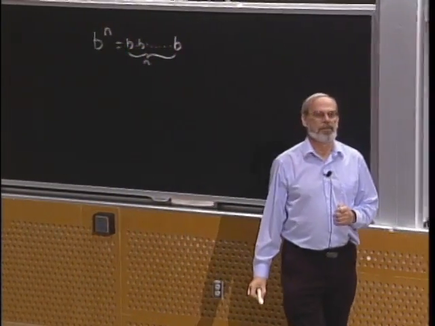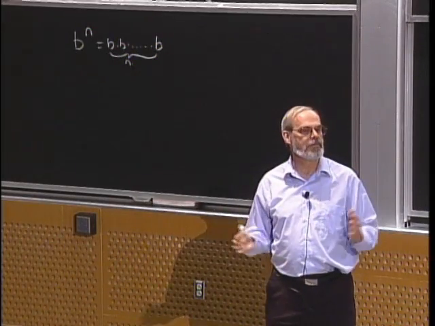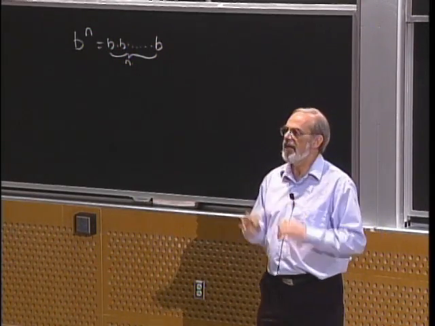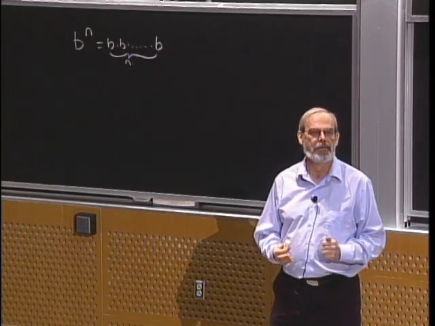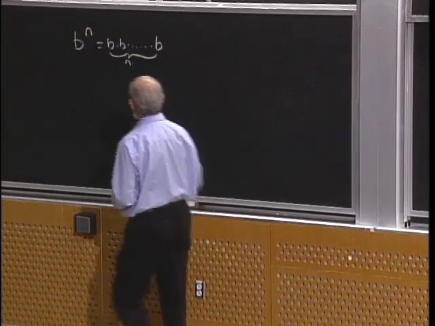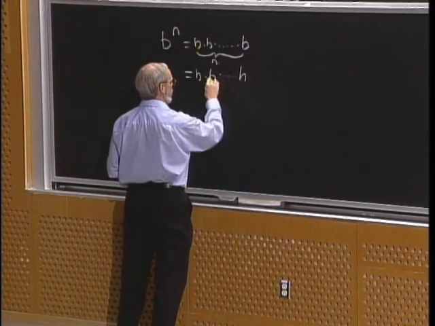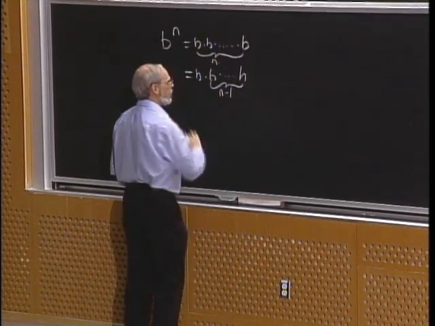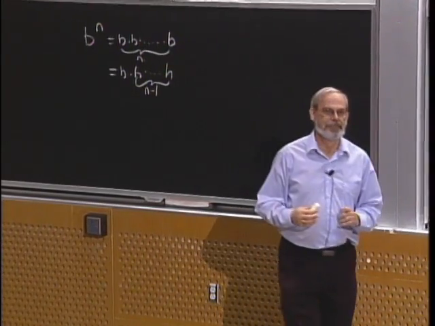How could I solve this? Well, recursively, I'd like to say, suppose I could solve smaller versions of the same problem. And if somebody gave me a solution to that smaller version, how would I build a solution to the bigger problem? Oh, that's easy. That's the same as b times b to the n minus 1.